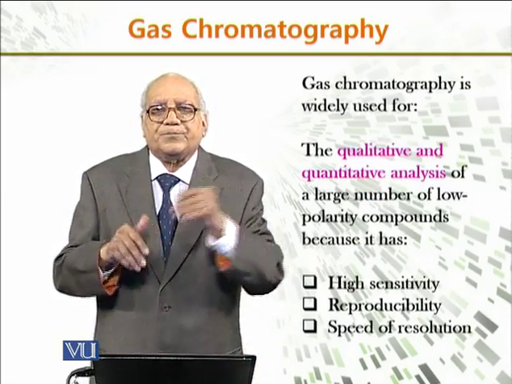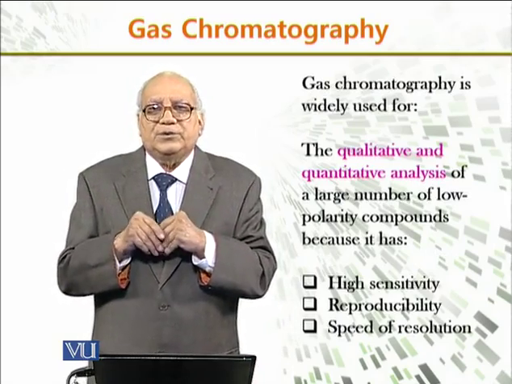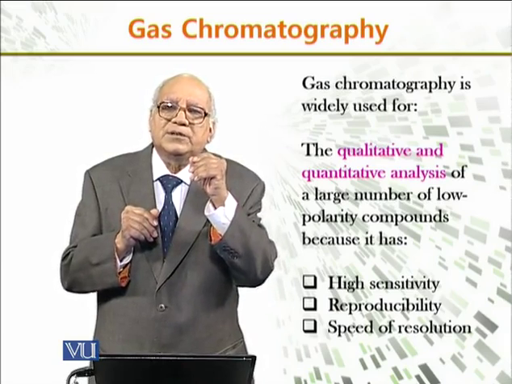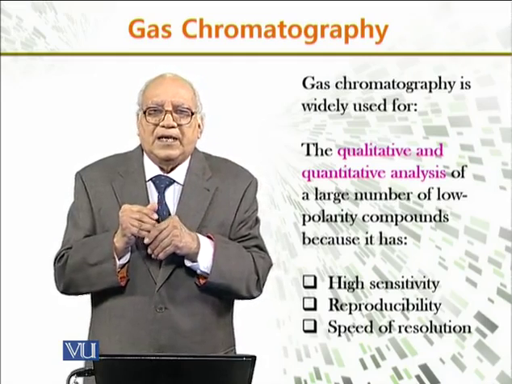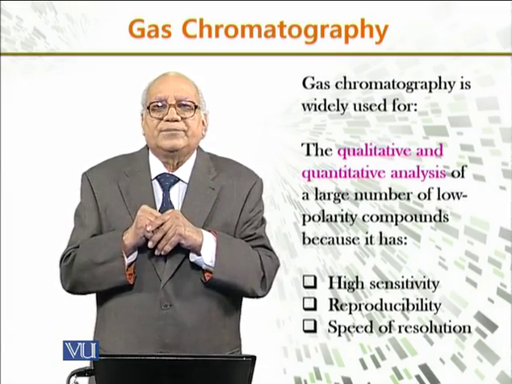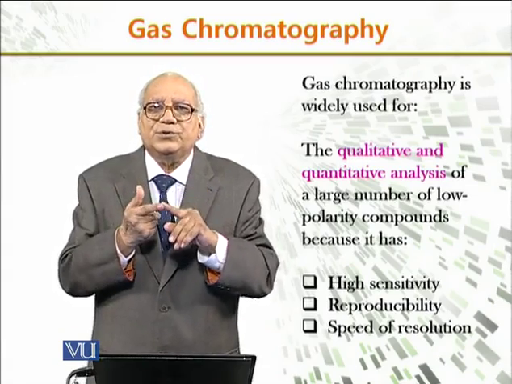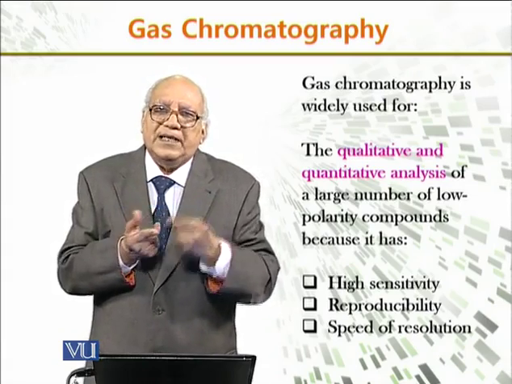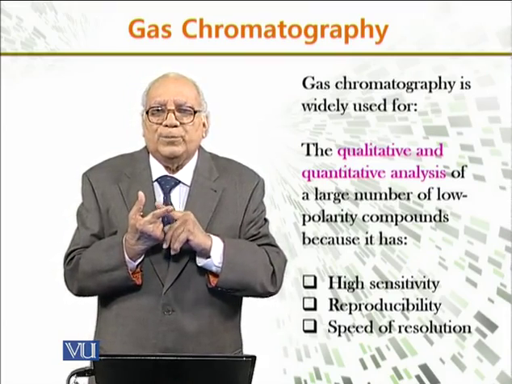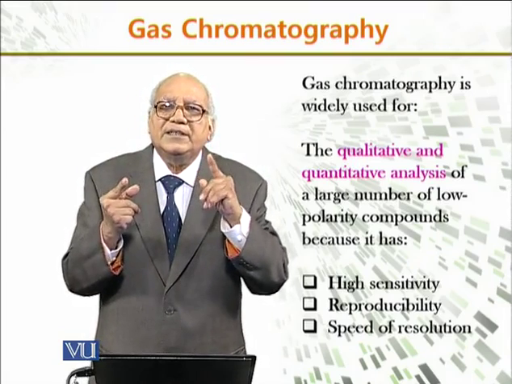Now, gas chromatography is widely used for both qualitative and quantitative analysis of a large number of low polarity compounds. That is its characteristic, because it has very high sensitivity.